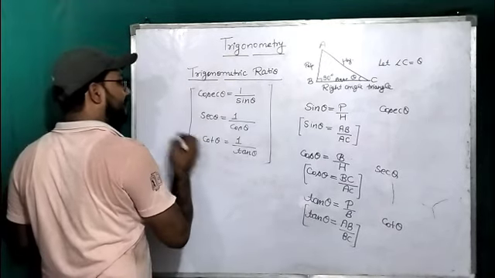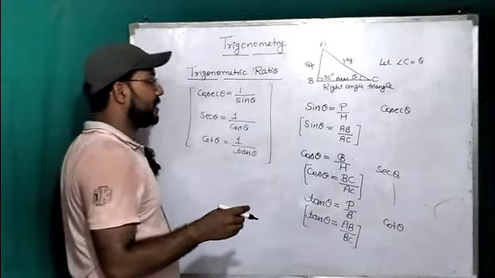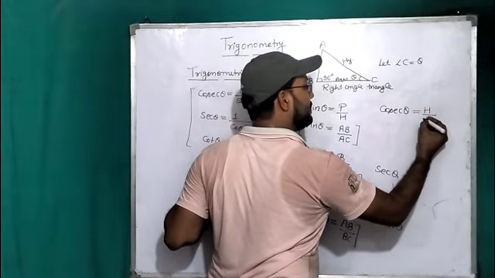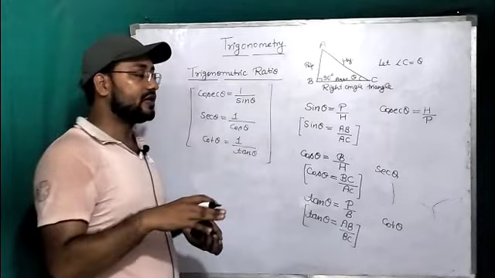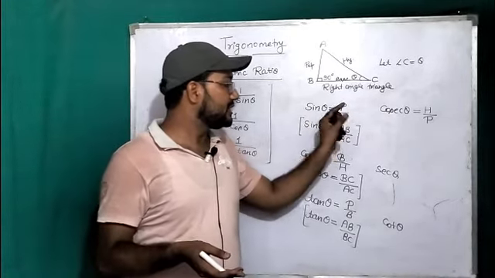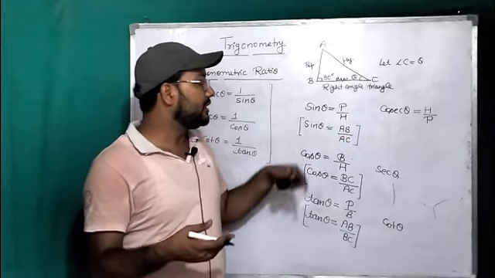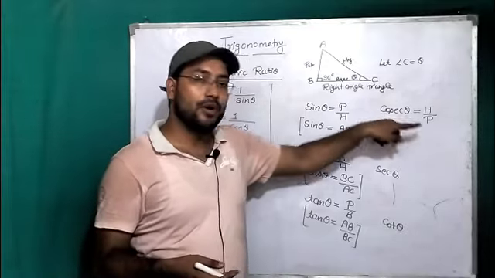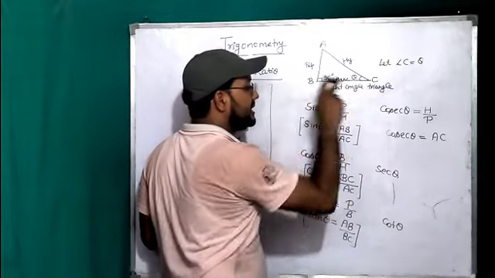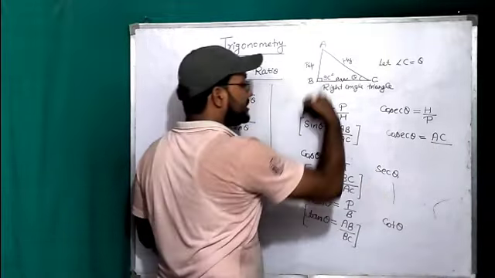Cosec theta is equal to hypotenuse upon perpendicular, because it is the inverse of sin theta, which is perpendicular upon hypotenuse. In this triangle, the hypotenuse is side AC and the perpendicular is side AB.